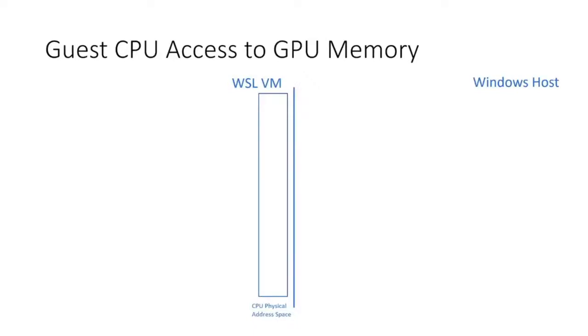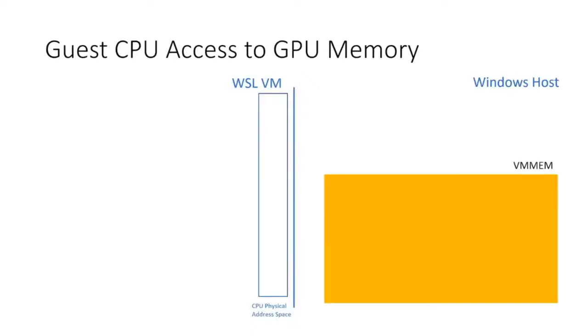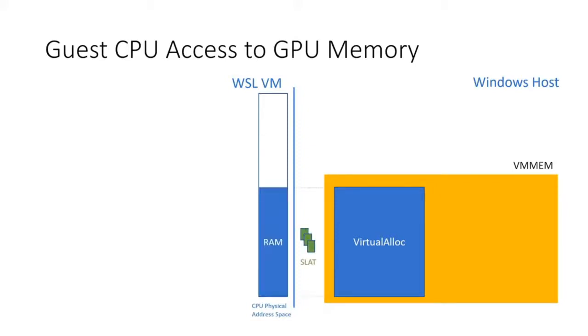So the way to think about it is, on the host, we have this process called VMM, and this is essentially where we host the memory of the virtual machine. So if you have a virtual machine, for example, that has 8 GB of memory, we just allocate 8 GB of virtual address space inside of that process. And then through the magic of SLAT, we project that, and that becomes the RAM of the virtual machine.